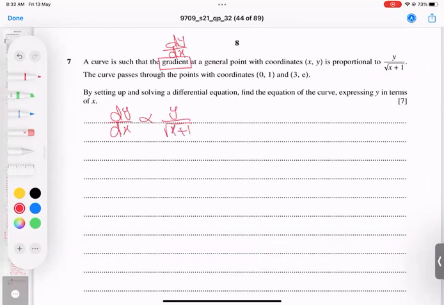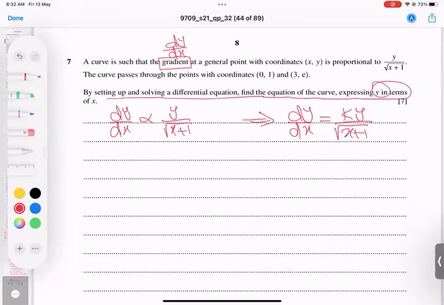Whenever we convert it, we remove the proportional sign, we always get a constant of proportionality, ky. Now he's saying these 2 points lie on the curve. By setting up and solving this differential equation, find the equation of the curve exactly, y in terms of x.